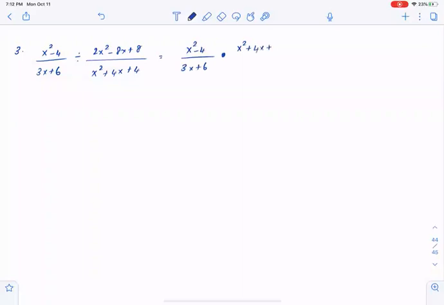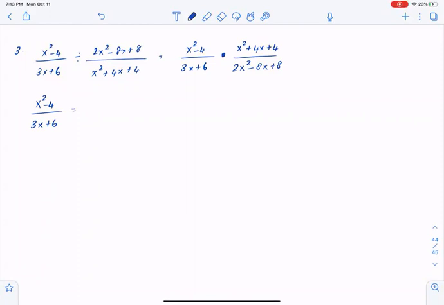So x squared plus 4x plus 4 divided by 2x squared minus 8x plus 8. And now we can take care of the rational expressions individually and simplify them and multiply them later. So x squared minus 4 divided by 3x plus 6.